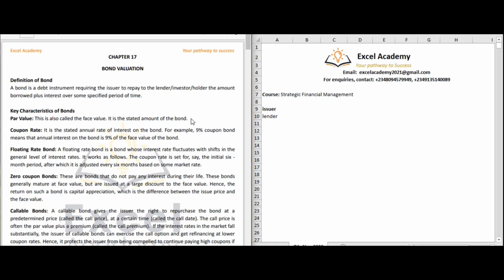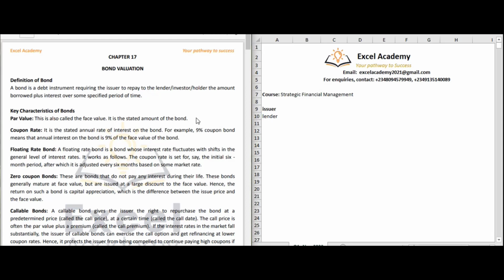The bond itself is like a certificate, and I know most of us would have seen a bond certificate before. So the value on it, which will usually be 100, 1 naira, 10 naira, 1,000, in that range, is the face value, the par value. Usually it will be 100, 1,000, 10,000.